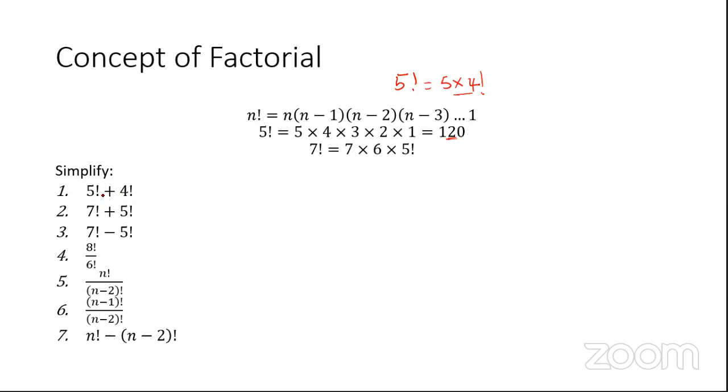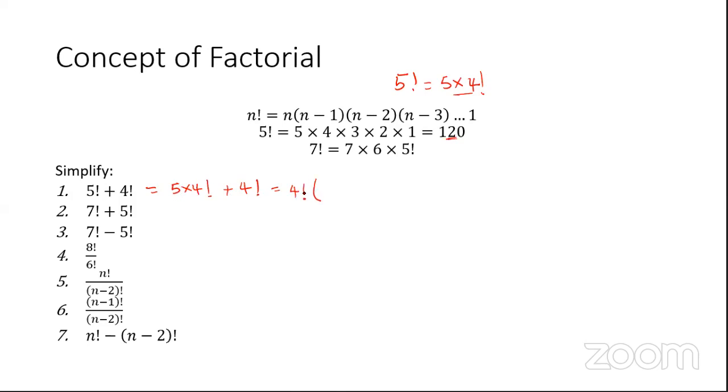So in this case, when you are simplifying, for example, 5 factorial plus 4 factorial, you can just break it down. 5 factorial is the same thing as 5 times 4 factorial, plus 4 factorial. So in that case, 4 factorial is common. It's just like we are factorizing.